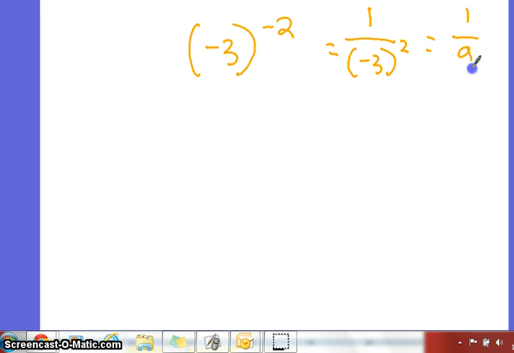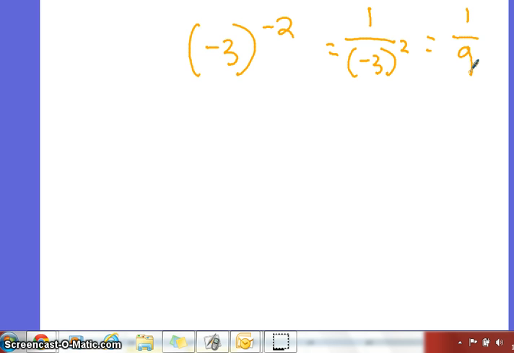Just 1/9. Very good. Make sense? Okay, I didn't change, I kept my negative 3 negative, that didn't change. My exponent changed because I moved it across the line. Okay, I wrote it in the denominator. When you move it across numerator or denominator, it becomes positive or negative depending on which way you go. Okie dokie?